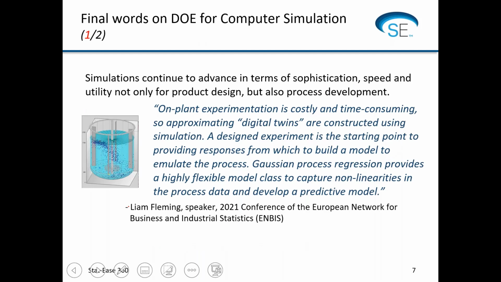Then I just wanted to say, as a chemical engineer, that it's not just aerospace companies that are making hard good products, electronics and things like that, but also process industries are making use of these computer simulations. I came across this quote from Liam Fleming, a PhD student in the UK, who gave a talk for the European Network for Business and Industrial Statistics, ENBIS, on the use of DOE for computer simulations.